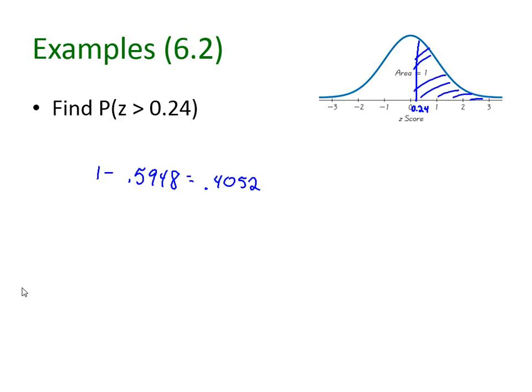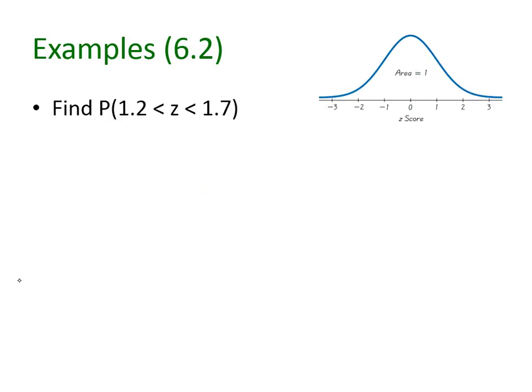So we're getting a value that's just a chunk of the area, that part there. What's the problem? 1.7.